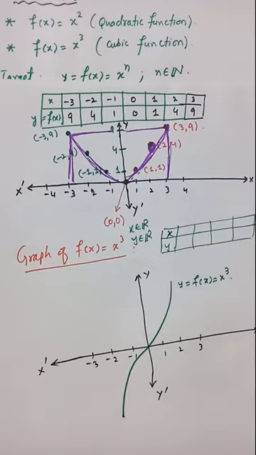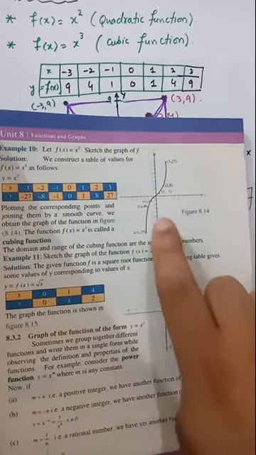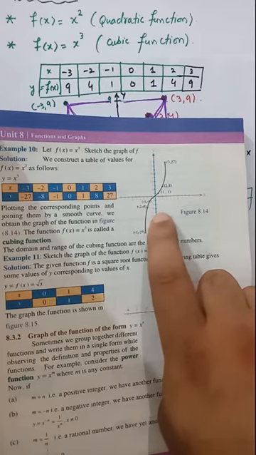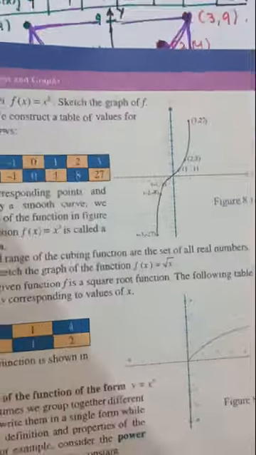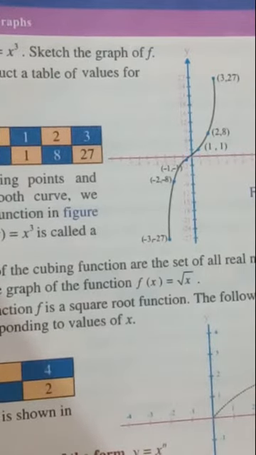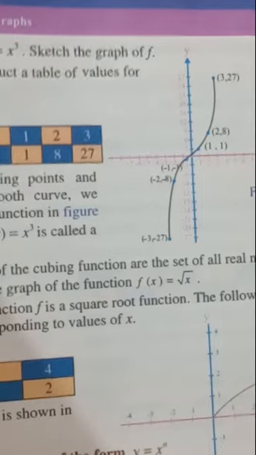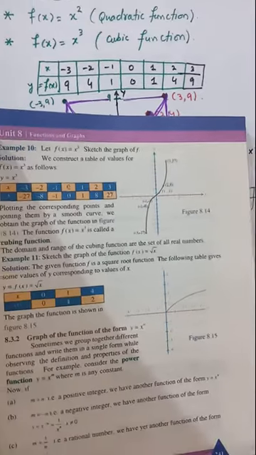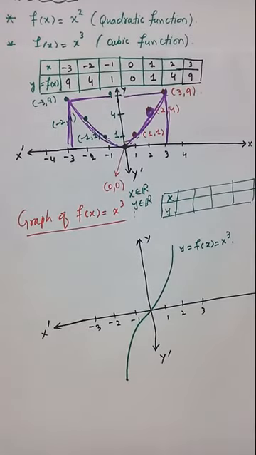You see it from here. You clearly see this is the graph of f of x is equal to x cube. You must look at this shape. Okay. Now moving towards the graph of f of x is equal to square root x.